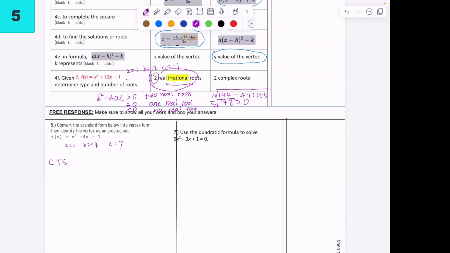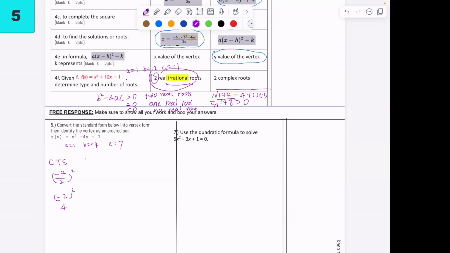CTS is taking half of the b value, so it's minus 4 over 2, squared. So it's minus 2, right? So what does it mean? We need minus 2 squared, which is 4, which means we're going to add 4 and minus 4 here, right?